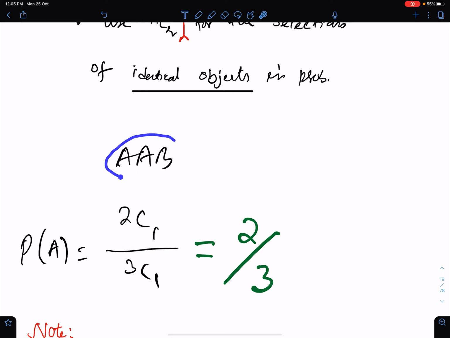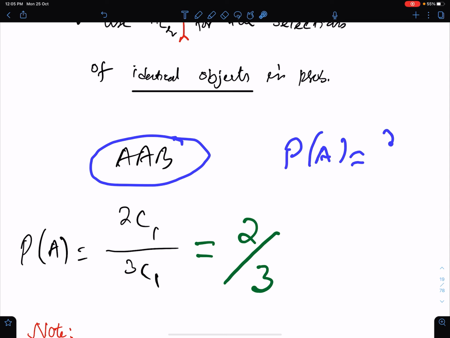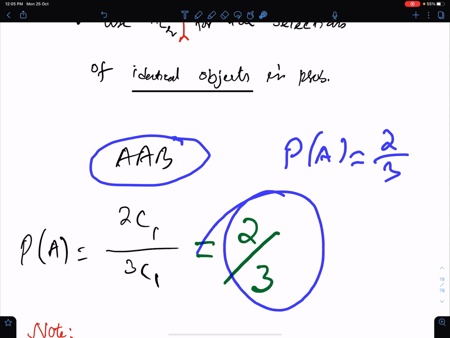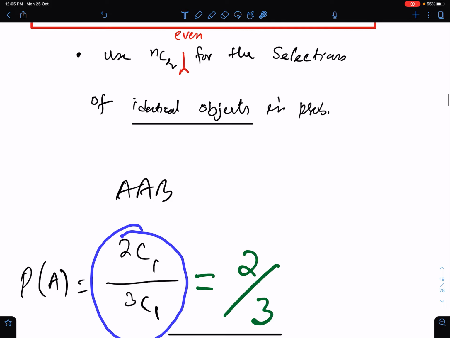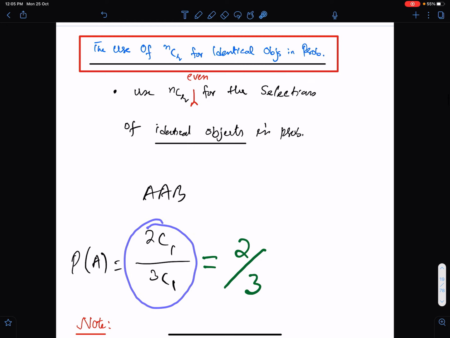Since we have three letters altogether, for total I use 3C1, like 1 from 3 letters. And if you solve this question through simple probability method, then you will write probability of letter A is 2 upon 3 like this. So we use combination even for the selections of identical objects only in probability.